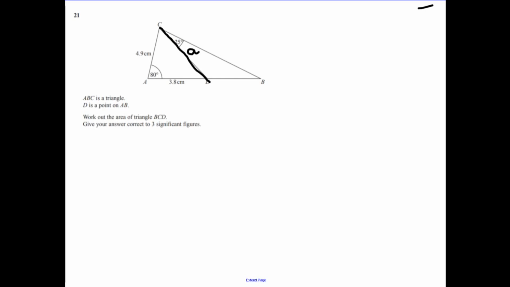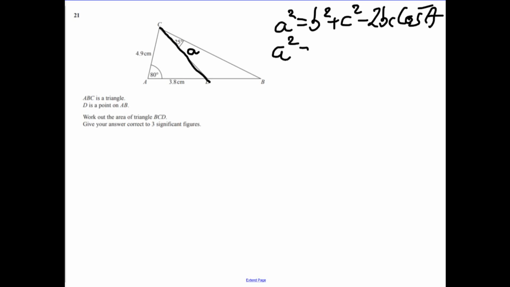So it's the cosine rule. Remember our cosine rule is a squared equals b squared plus c squared minus 2bc cos A. So let's just sub in all the values.